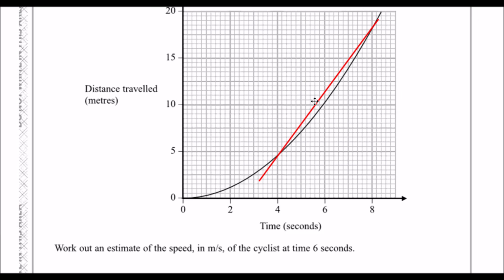So I'm going to draw a line and try and move it into place. A tangent. So we want just to touch the graph at time is 6. So somewhere around there. A tangent at time 6 seconds. So there's a tangent. We just need to work out the gradient of it now. So let's find some points.